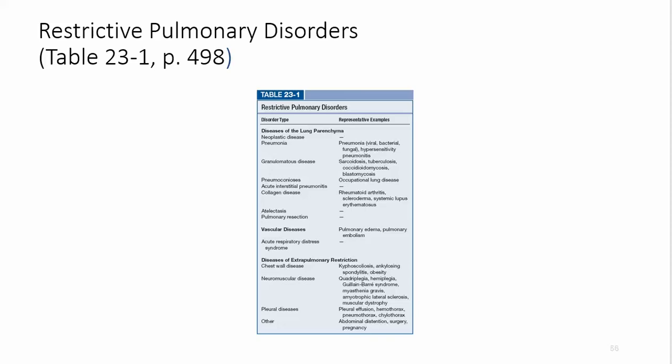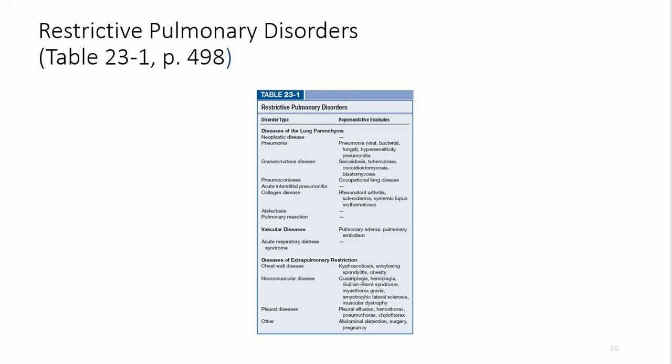I've already gone over this table 23.1, looking at the different types, but basically they can be subcategorized into diseases of the lung parenchyma itself, where it's hard to fill because the lungs don't allow it to fill.